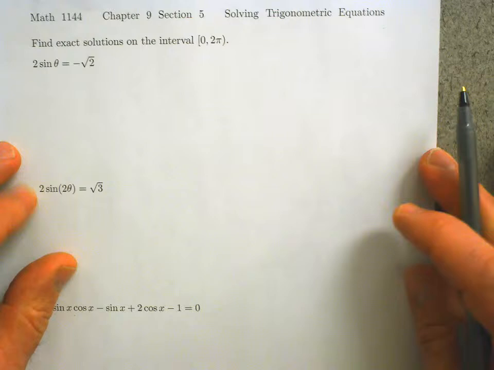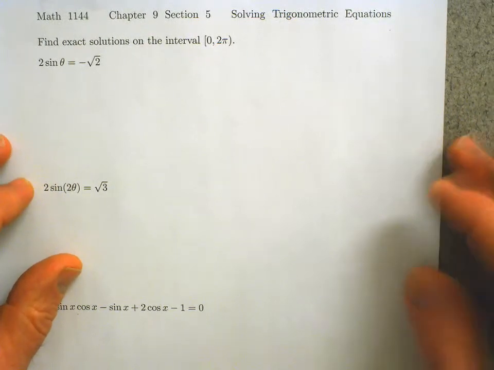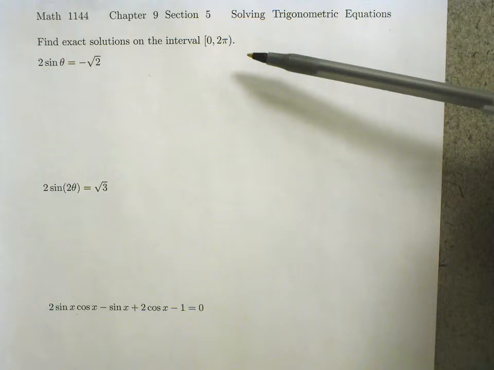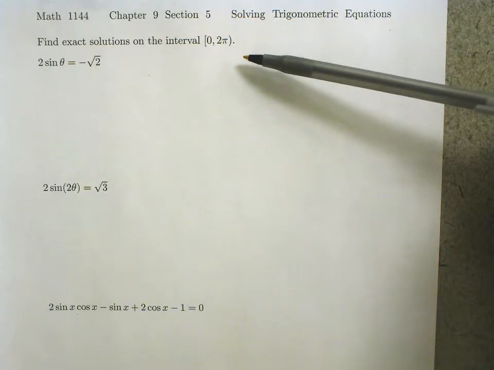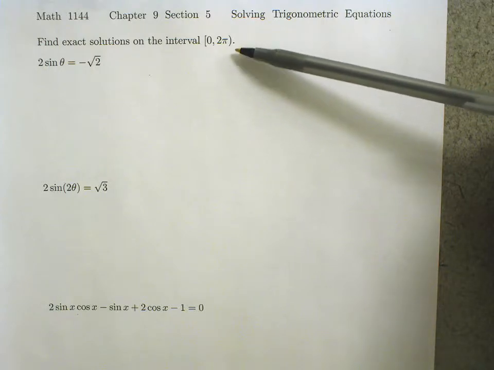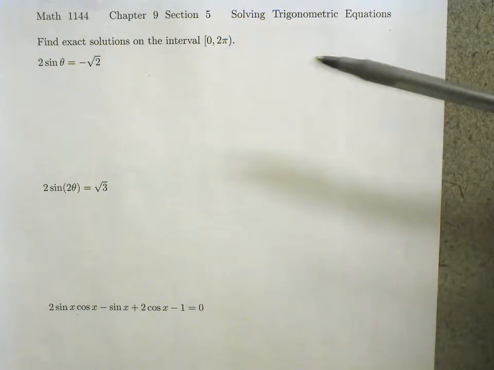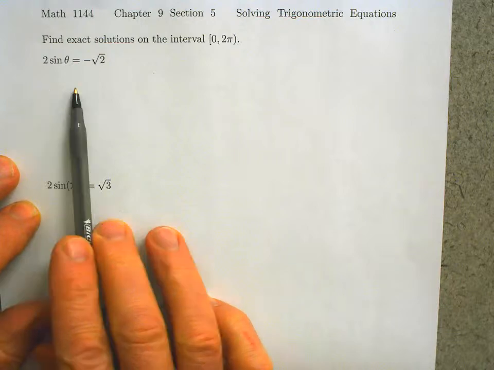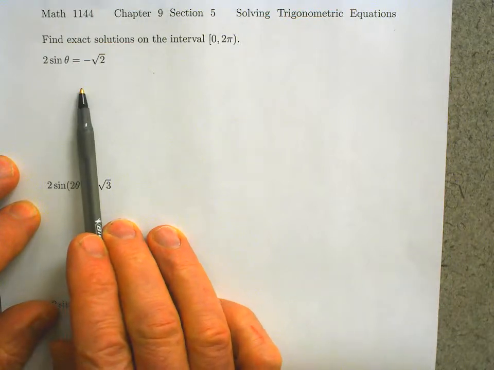We'll start with this equation. We want to find exact solutions on the interval from 0 to 2 pi, but excluding 2 pi. So 2 times sine of theta equals negative square root of 2.